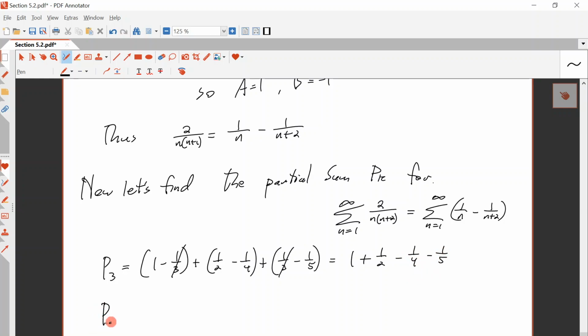Let's calculate the fourth partial sum. Well, the fourth partial sum is the third partial sum plus the term for n equal to 4, which is a quarter minus a sixth.